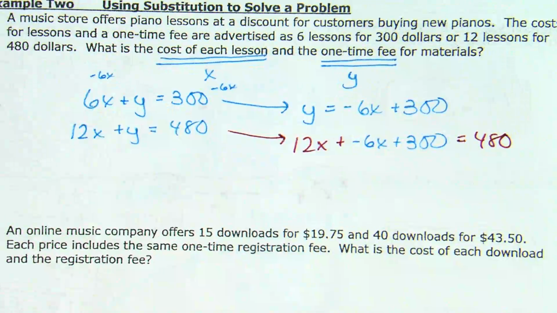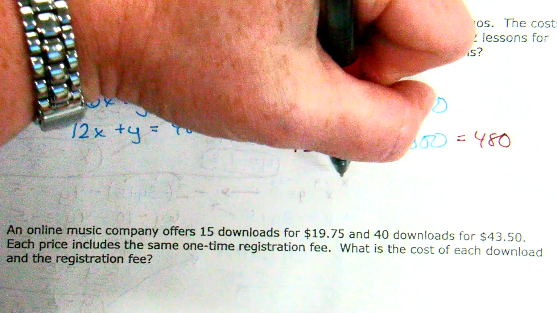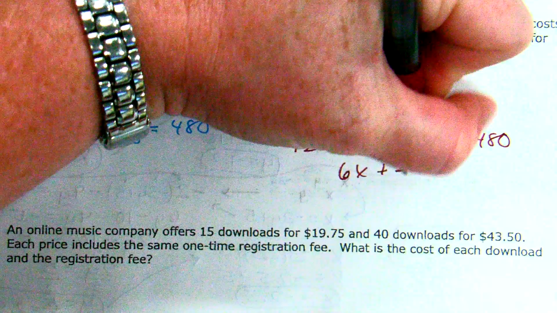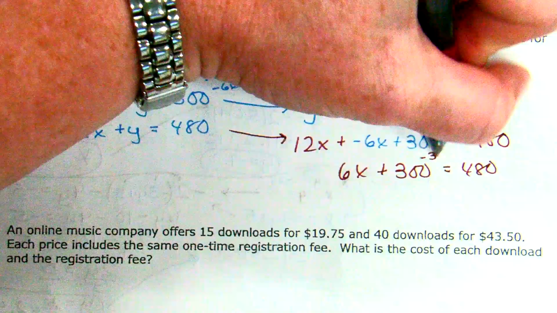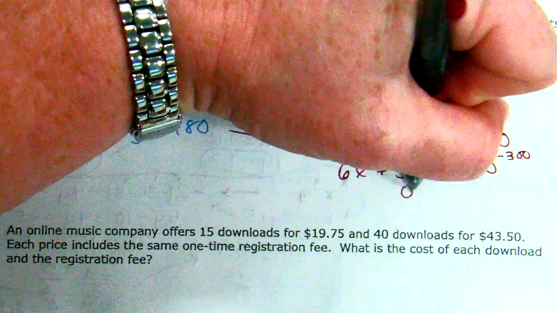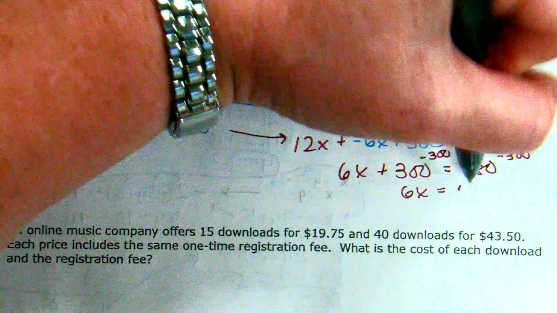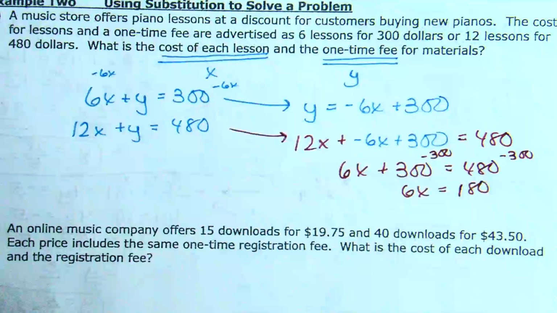Okay. What do you know? Like terms. 12x plus negative 6x is 6x, plus 300 equals 480. We're going to subtract 300. 6x equals 180. Divide by 6, and x is 30.